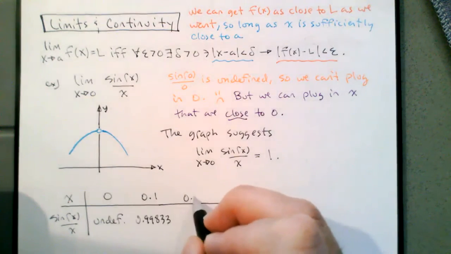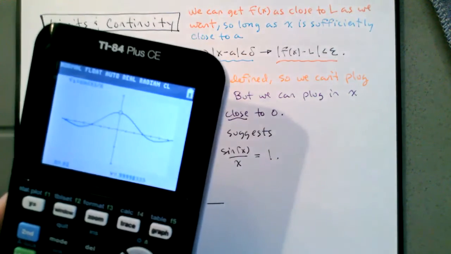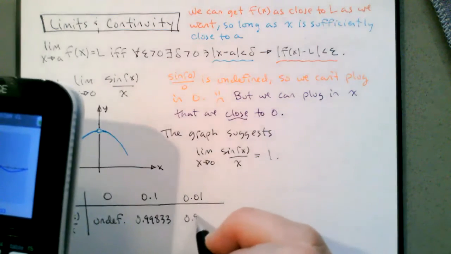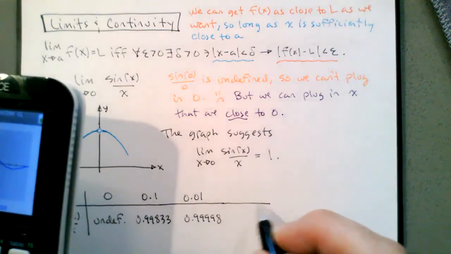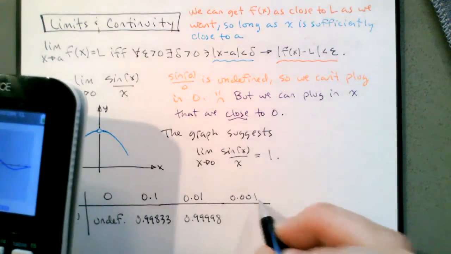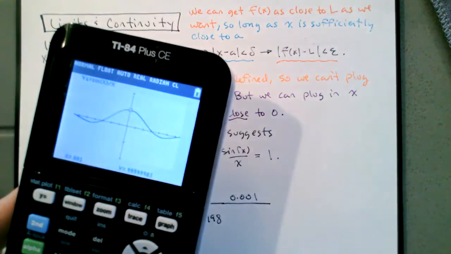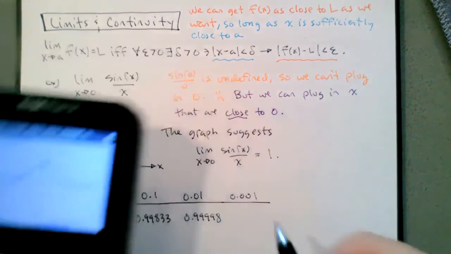When I plugged in 0.01, I got closer to 1 still at 0.99998. If I plug in 0.001, I just needed more digits. There are a bunch of 9s, 99999982.